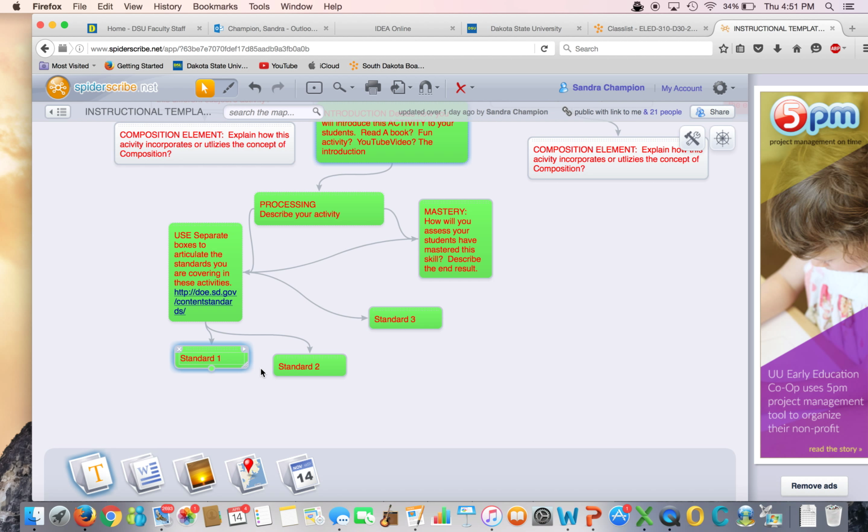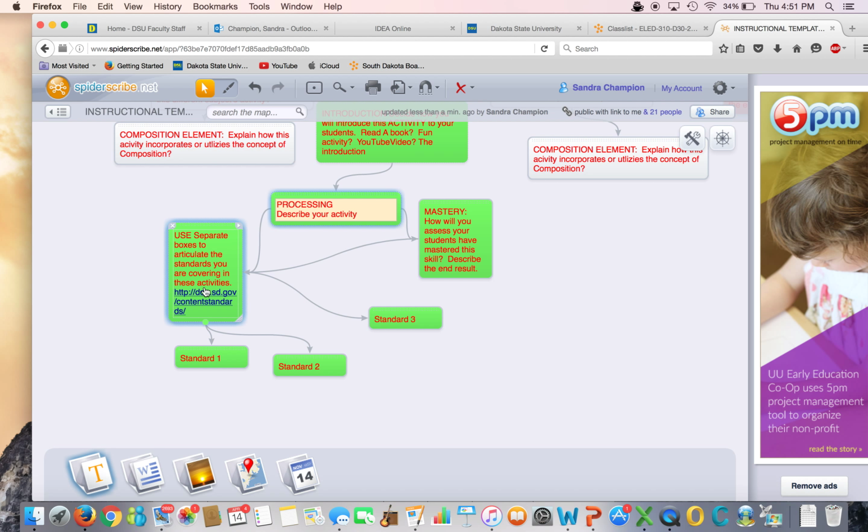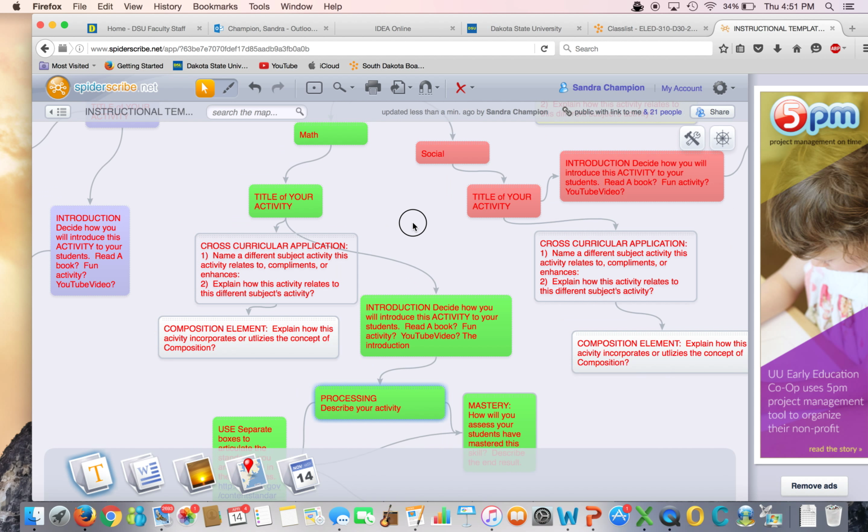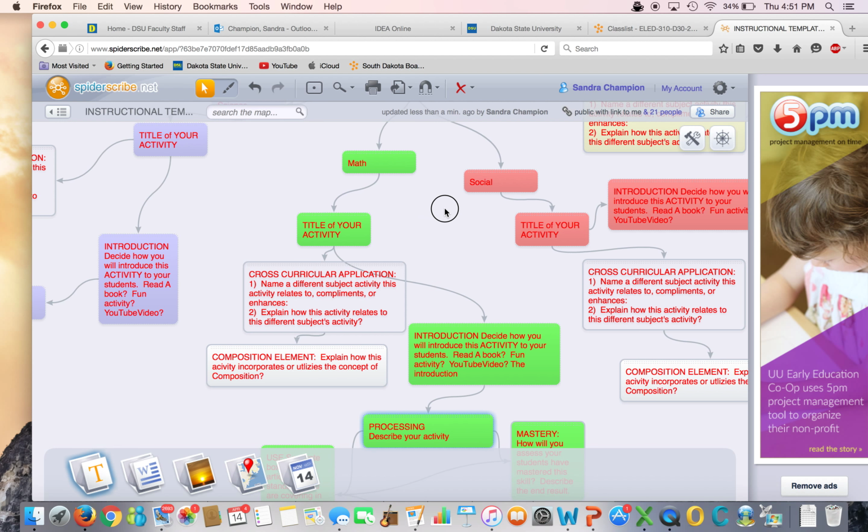You have to do 3 standards for each activity. So once you get this activity, you're processing, describe what they're going to do, then hook that to 3 standards. Find at least 3. Some of you will be able to find even more. I usually can find at least 3. If you're having trouble, contact me.